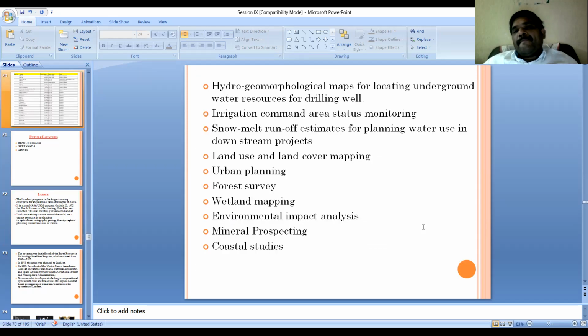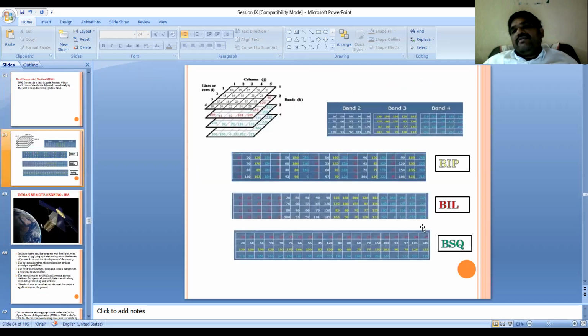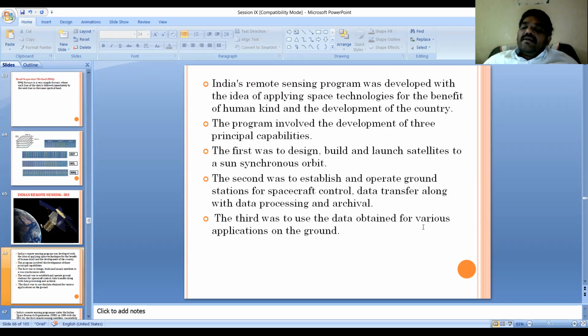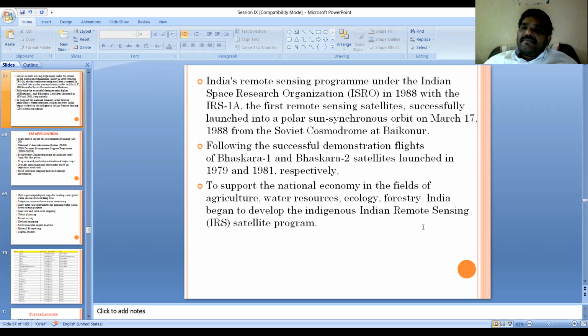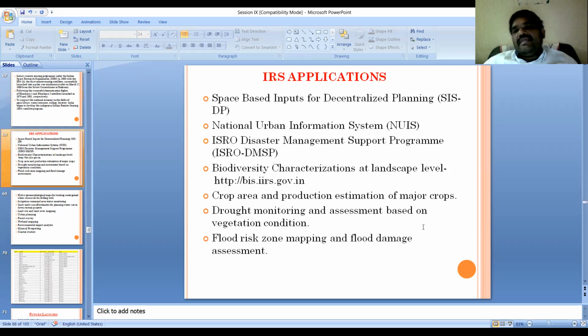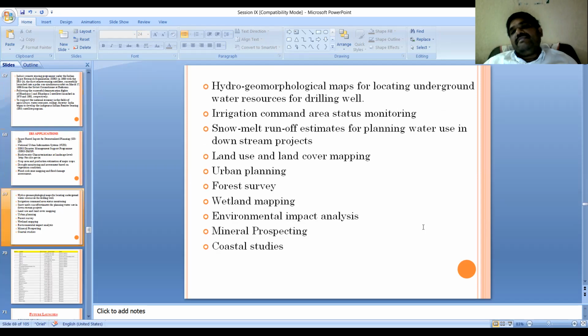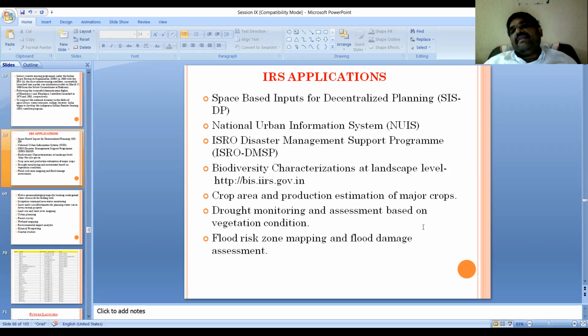See here, when coming to the second unit, we will discuss the first topic: how the analyst is going to interpret the characteristics of an image.